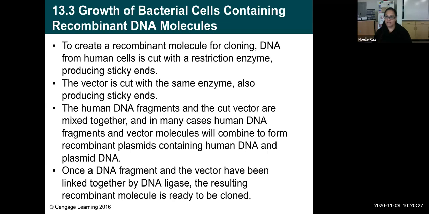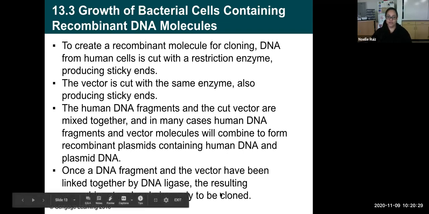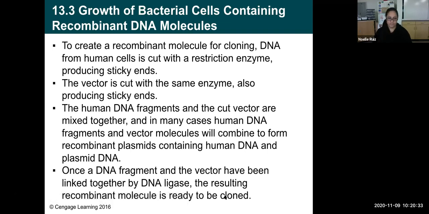Contains human DNA and plasmid DNA, all mixed together. Once a DNA fragment and the vector have been linked together by ligase, the resulting recombinant molecule is ready to be cloned.